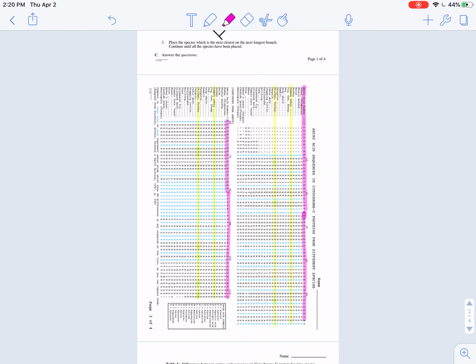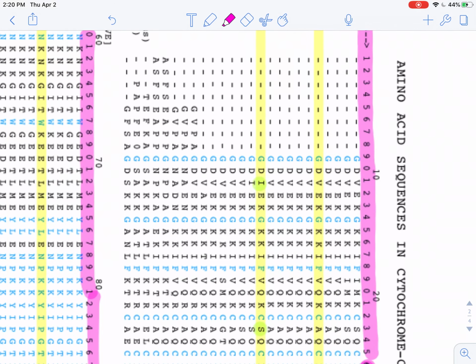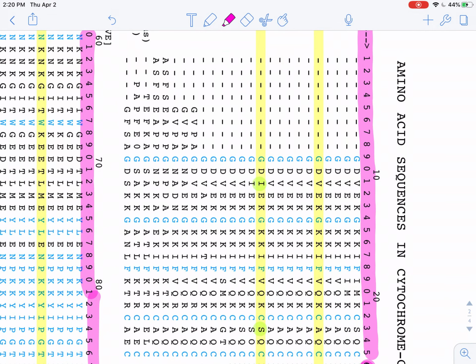Okay, so what I have in yellow, I've highlighted the entire sequence for the common zebra, and I've also highlighted the entire sequence for the chicken/turkey. And notice that I have highlighted in green wherever I see a difference. Right there, that is a different amino acid for the chicken/turkey than it is for the common zebra.